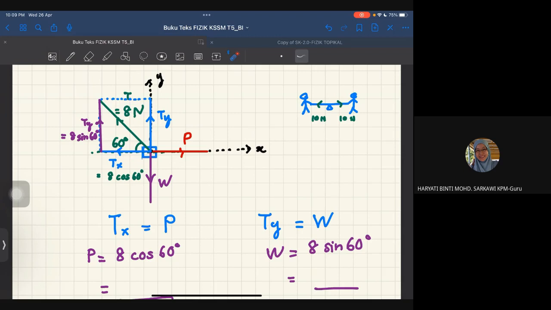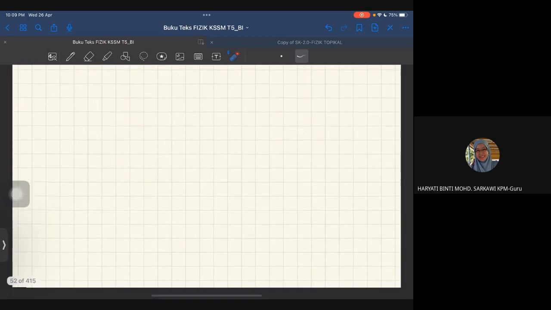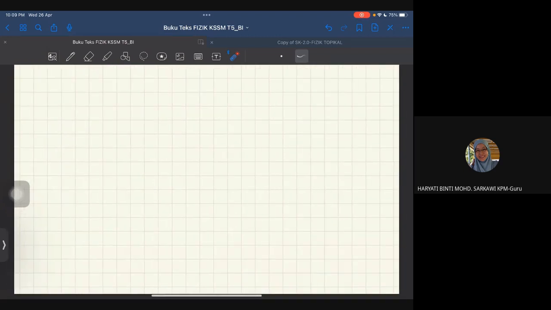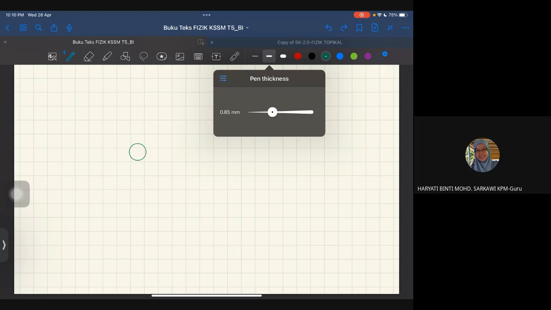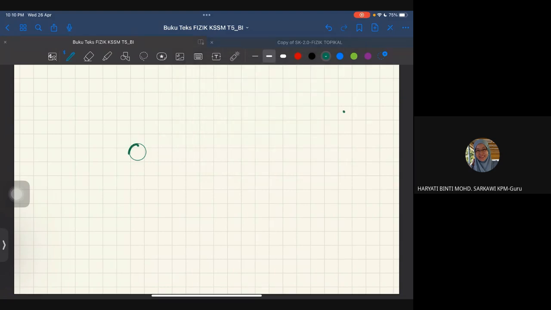Another one is the triangle of forces we also learned about before. Still remember or not? Don't confuse it with this one. There is another situation. Let's say we have a ball kicked by two students. The direction is like that, let's say.